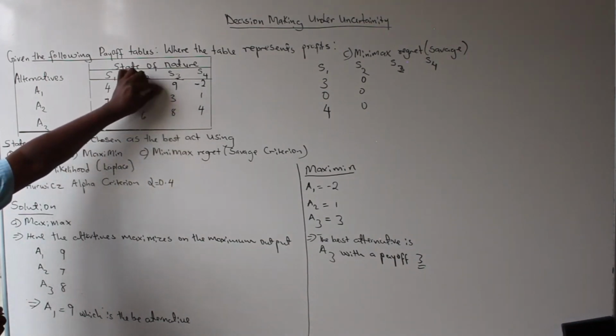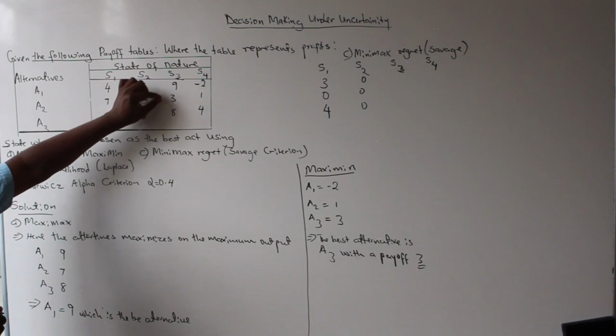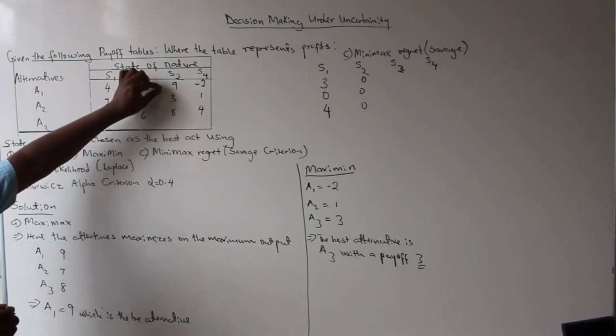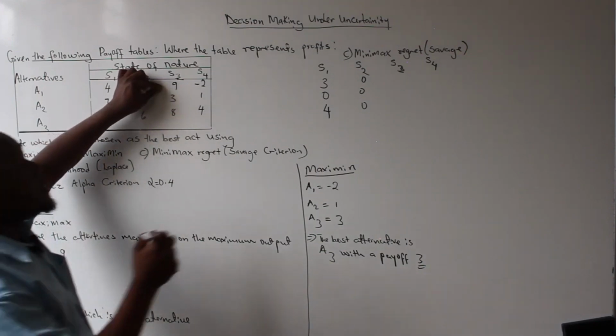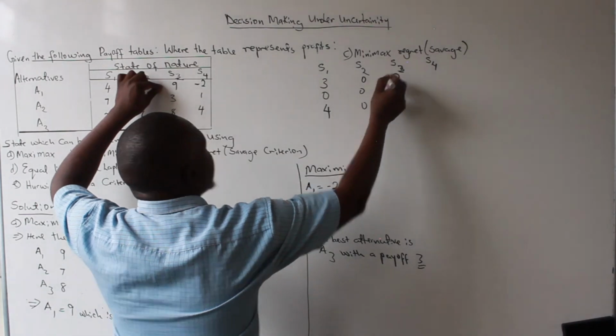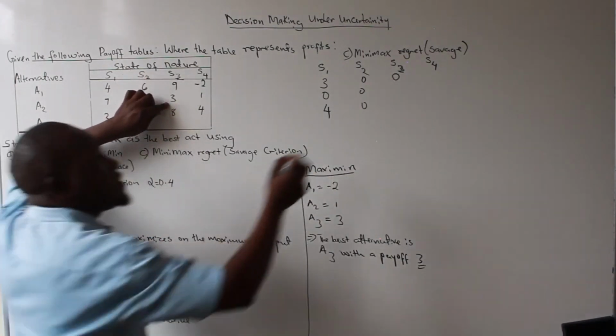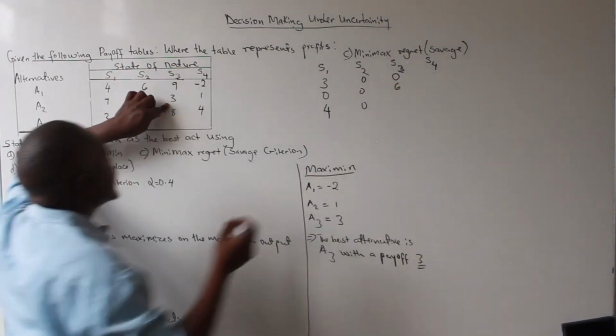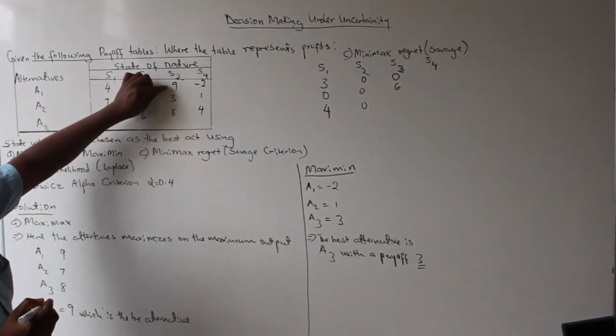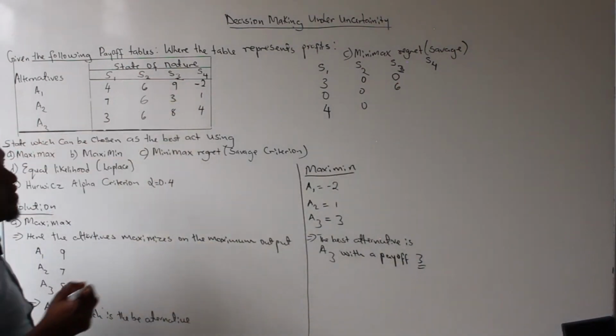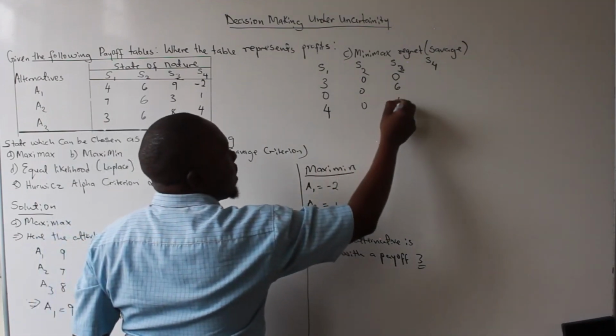So you subtract all the values from 9. 9 minus 9, you get 0. Then 9 minus 3, you get 6. Then finally 9 minus 8, your value there will be 1.